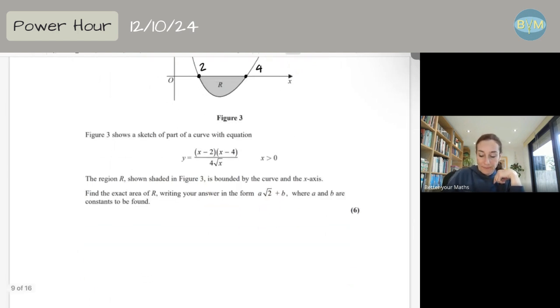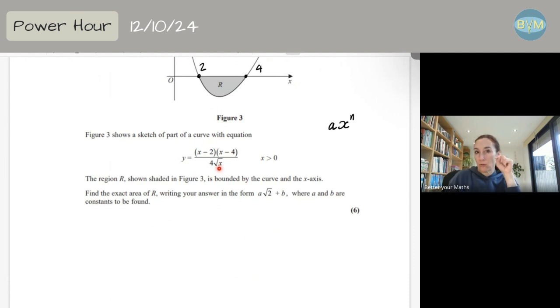This integral needs a bit of preparation. Yeah, we cannot integrate that straight away because we know how to integrate something that has a coefficient and x to the power of n. So what I can do is expand the brackets, because those brackets are not helping me in this situation. So I'm going to expand the brackets and then divide each term by 4 root x.